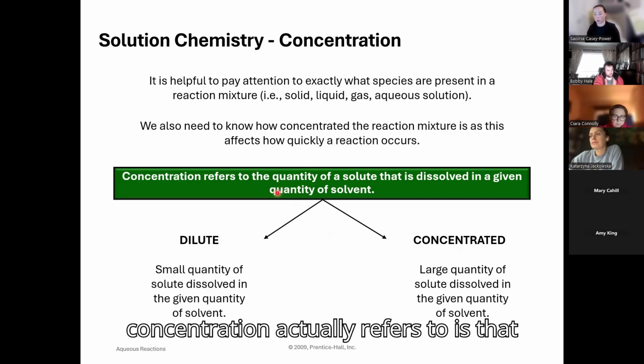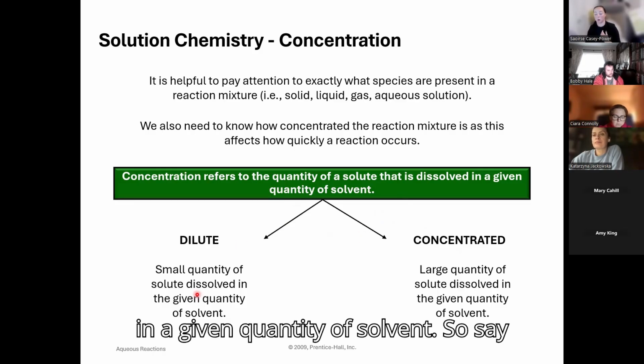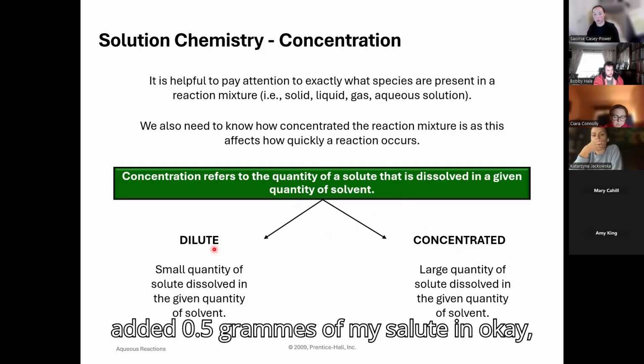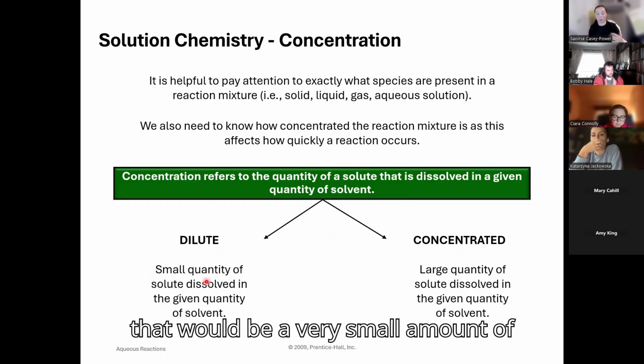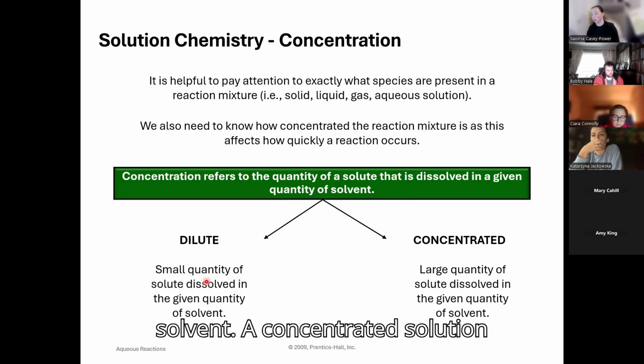So what concentration actually refers to is the quantity of a solute that is dissolved in a given quantity of solvent. Say, for example, I had 500 ml and I added 0.5 grams of my solute in. That would be a very small amount of solute in quite a large volume of solvent.